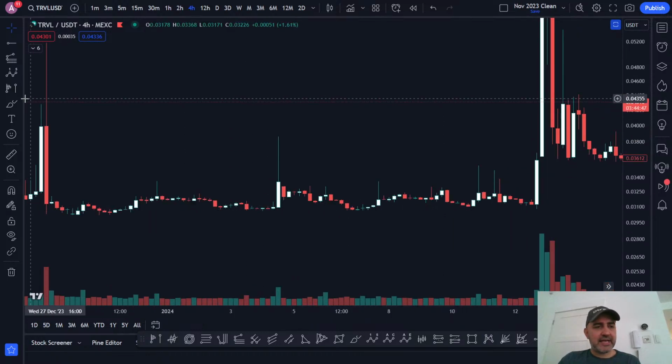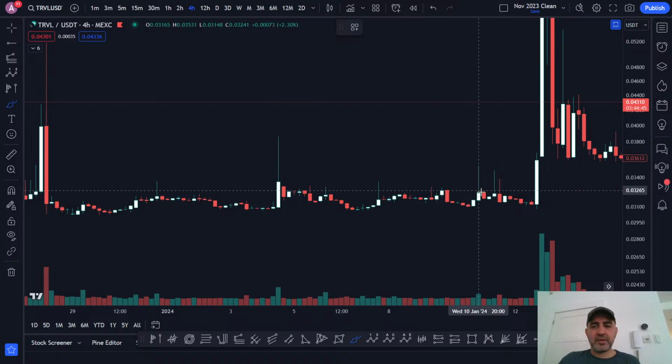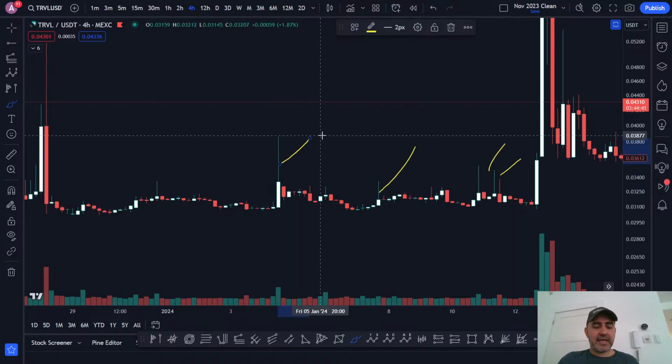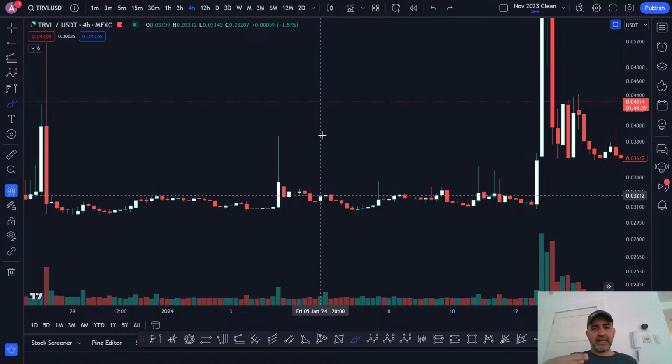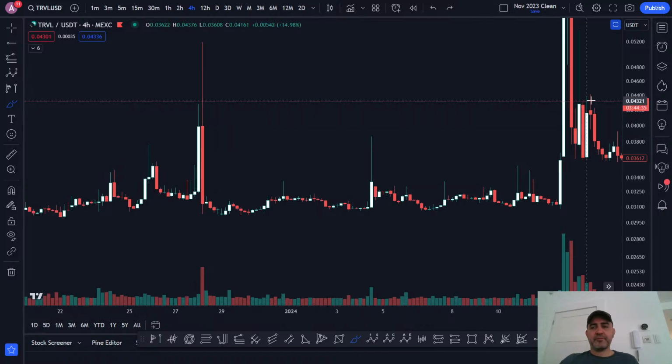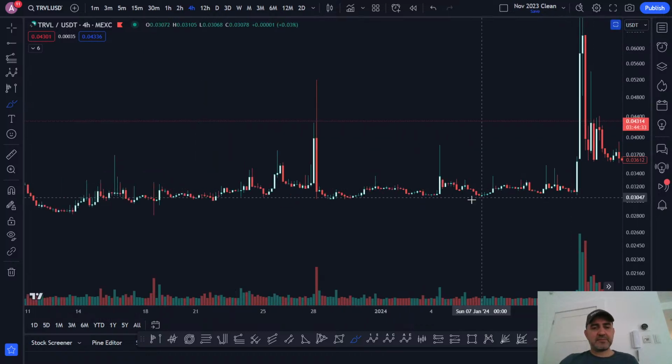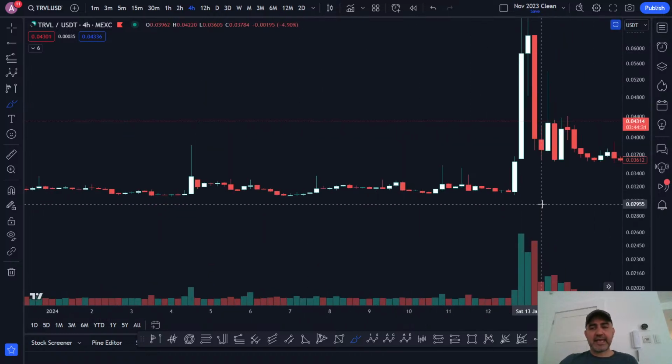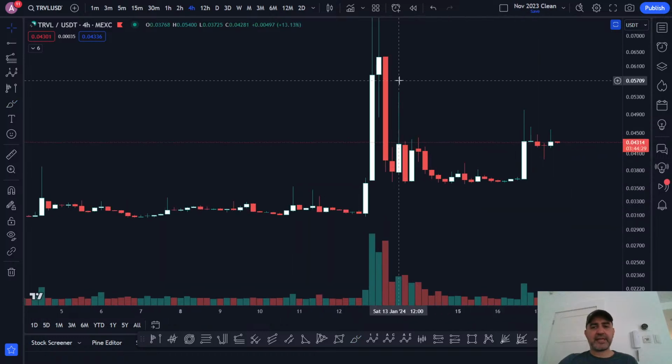All of these candles with these wicks on top, they're market buys. These are market buys. And so people are just buying on market, and then you get these wicks. And when you see these market buys, what you often get is for the price to fill the wick.